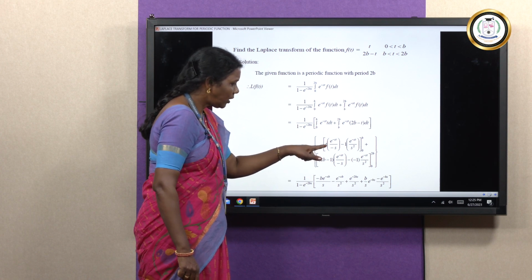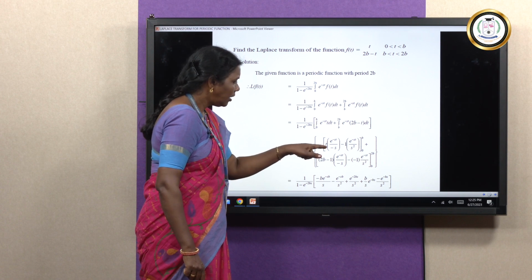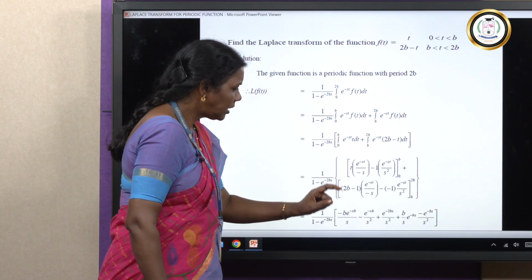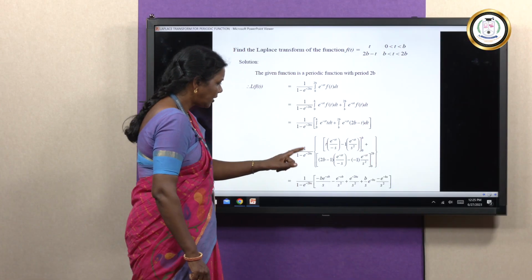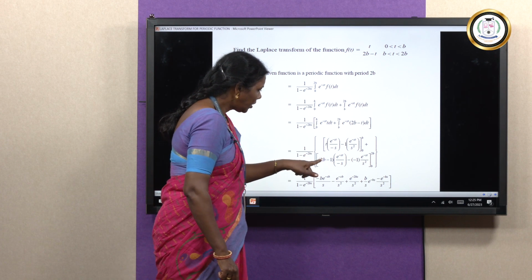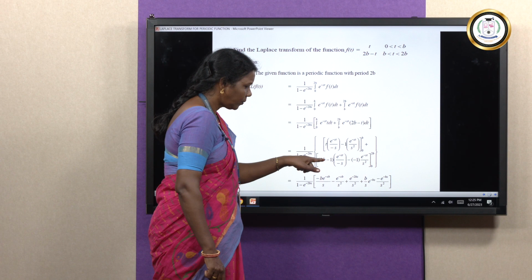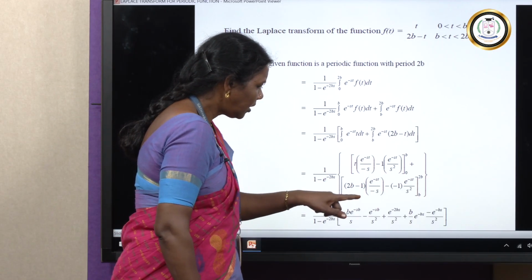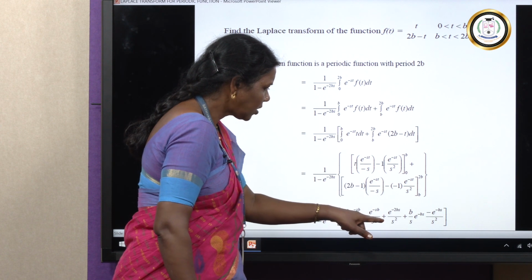If we substitute the lower limit, this term becomes 0 because of t, and for this term alone we will get 1 by s squared. And for this, if I substitute the upper limit, the term becomes 0. So only the lower limit term will exist, plus e power minus 2bs by s squared.